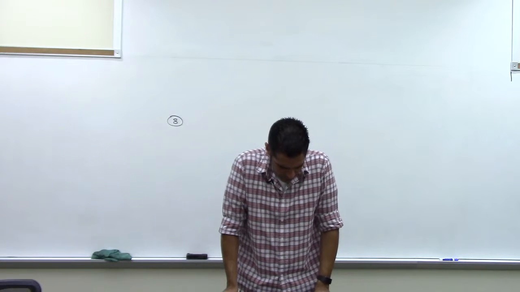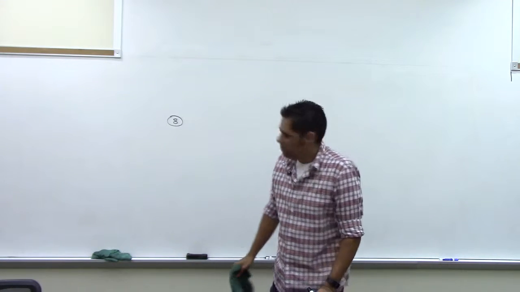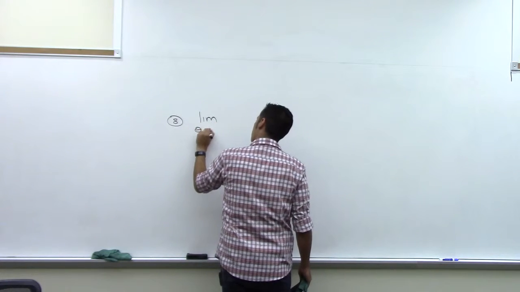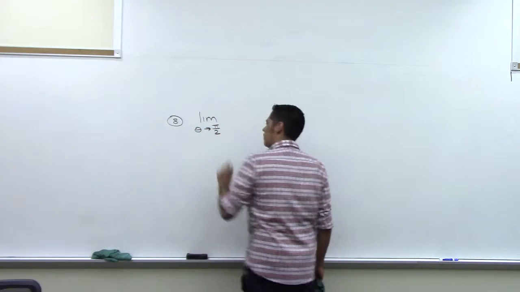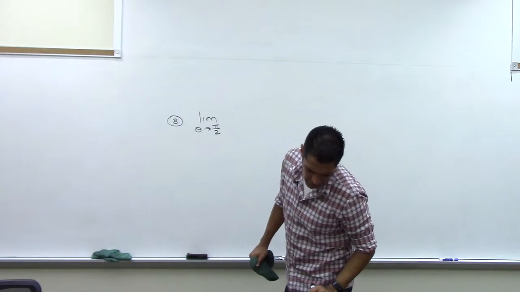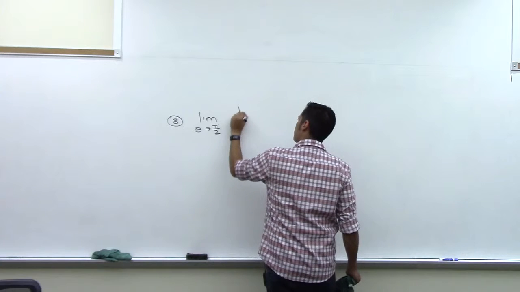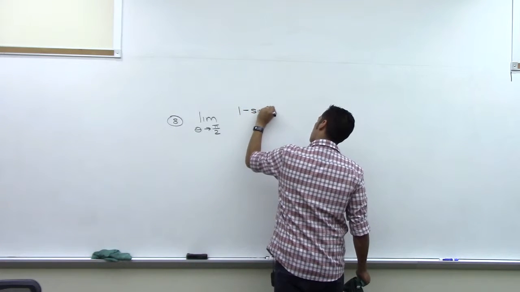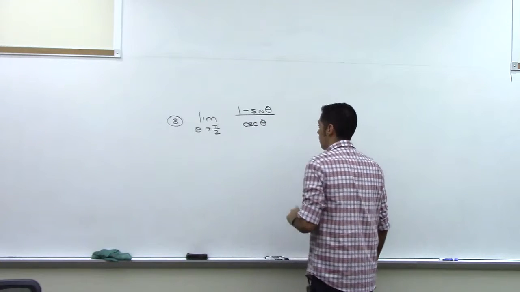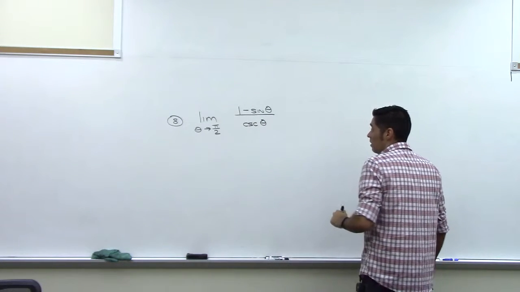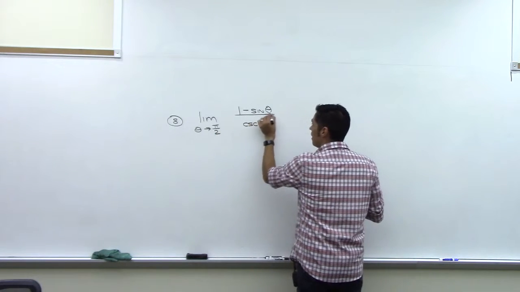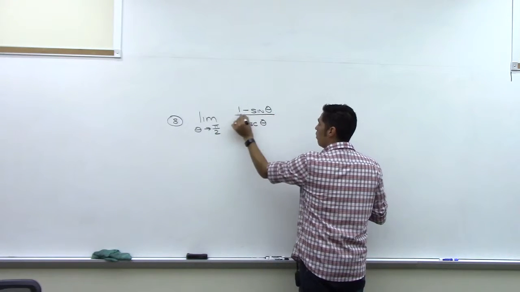Number 8. Limit as theta goes to pi over 2 of 1 minus sine theta over cosecant theta. All right, so theta is going to go to pi over 2. Sine of pi over 2 we already said was 1. 1 minus 1 is 0.